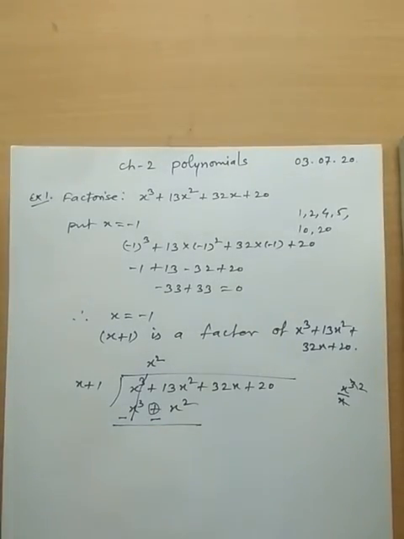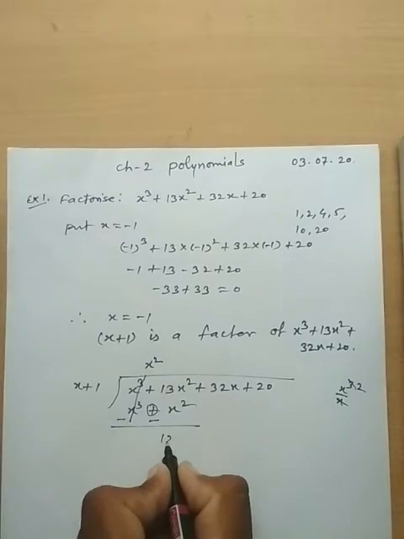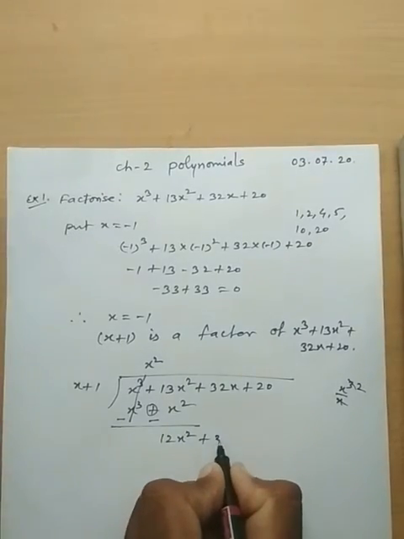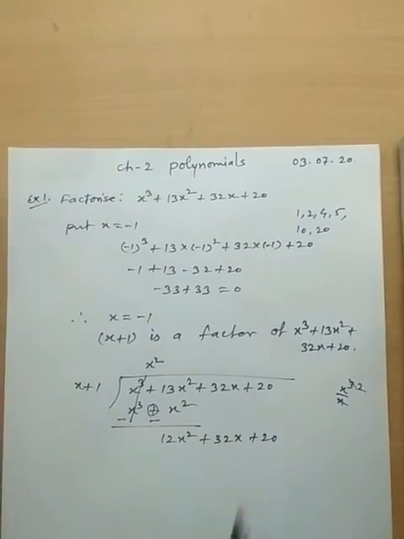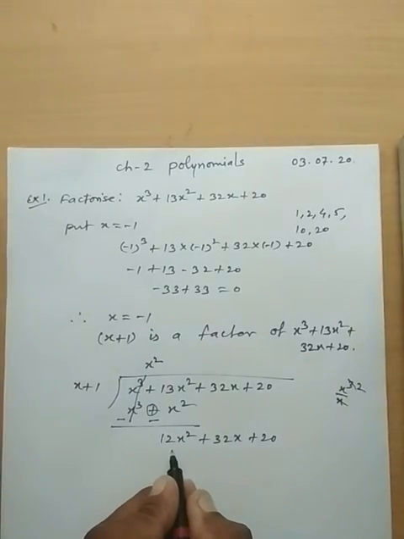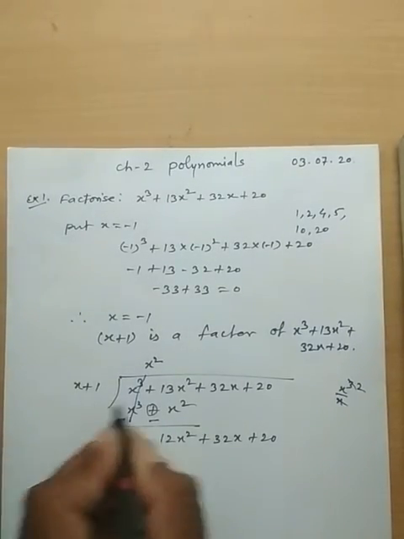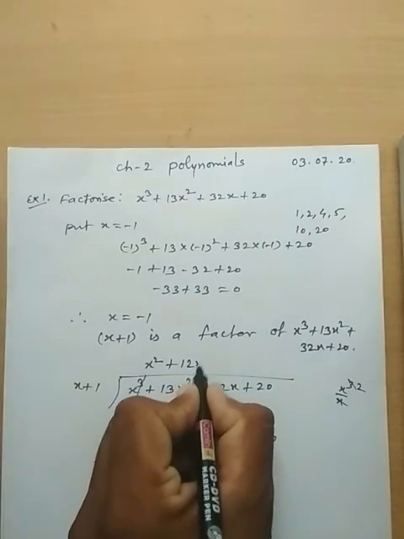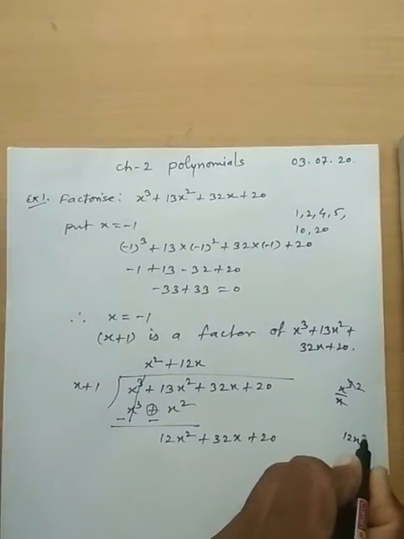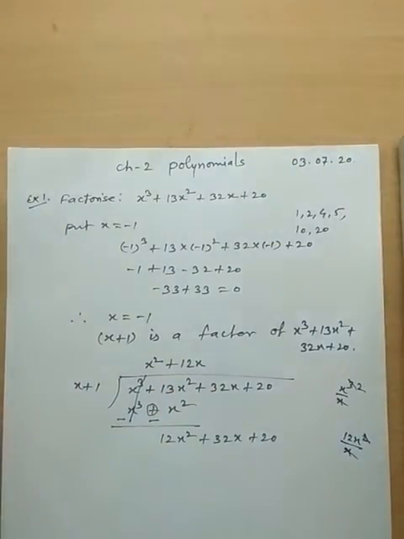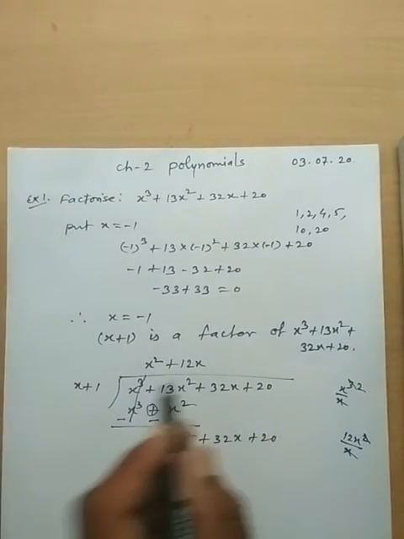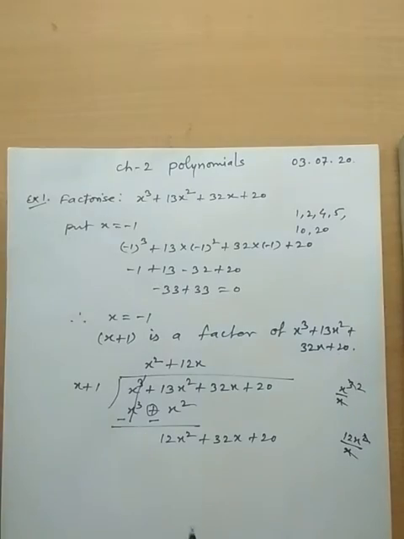x cube and x cube cancel, 13 minus 1 is 12x square plus 32x plus 20. Again, 12x square is the first term and it is divided by x, so 12x times. 12x square upon x, here x and x cancel. So 12x multiplied by x plus 1: first 12x square, and 12x into 1 is 12x.